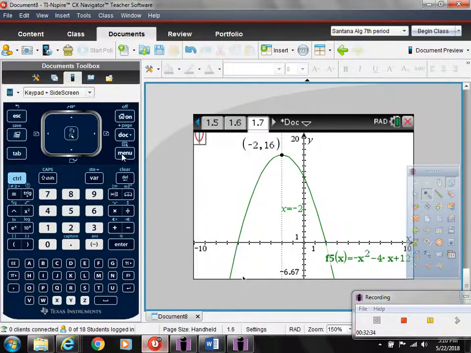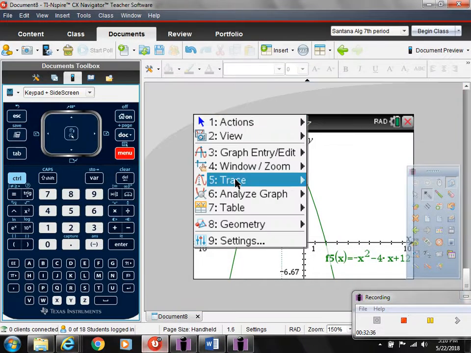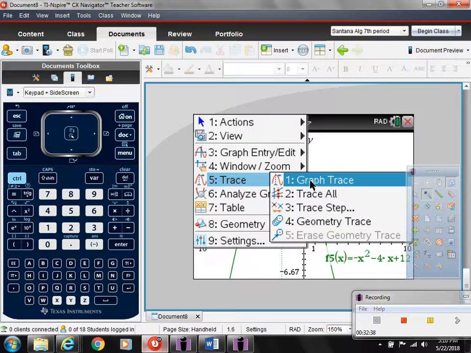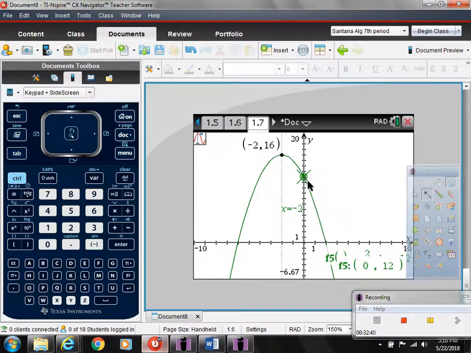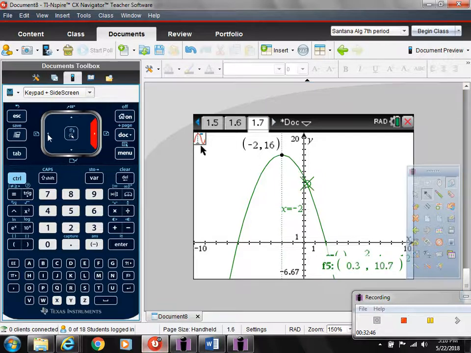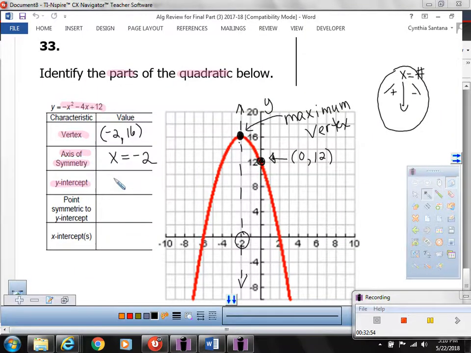Now, we also can use the menu 5-1. Notice 5-1 is your tracer. And usually the first point it gives you is the y-intercept. And if you go off the y-axis and back on, you'll see the little yellow sign pop up. So it is 0, 12. The coordinates are down here. So I'm correct on that.